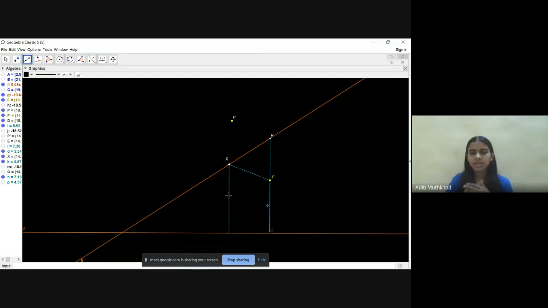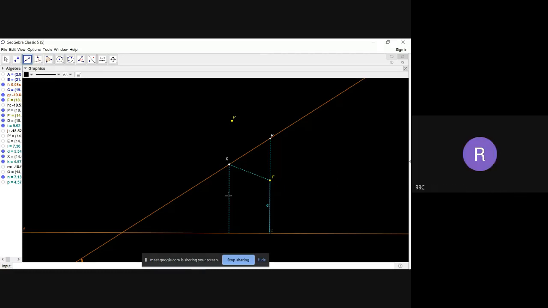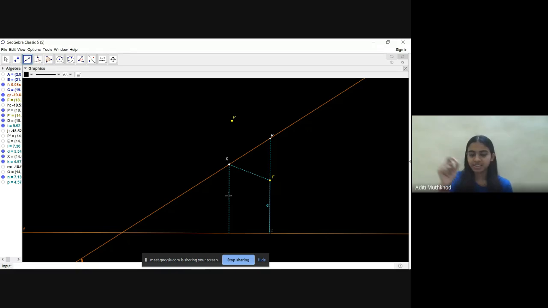So what do you claim the point is? The point P in the figure, the point on the line that we want. The question is, we want a point where X is not fixed.